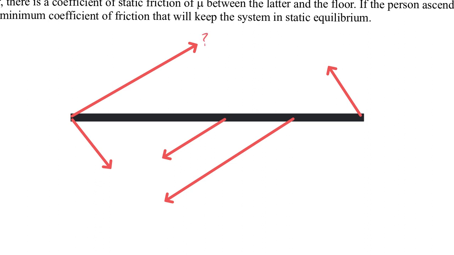We don't know necessarily these forces. We know this one because it's the weight of the ladder and the person. So I'd say we do know that one, but we don't know either of those two. If we put the pivot point here, we could get the friction, sure, but we have 4 torques to deal with. If we put the pivot point here, we have 3 torques to deal with.